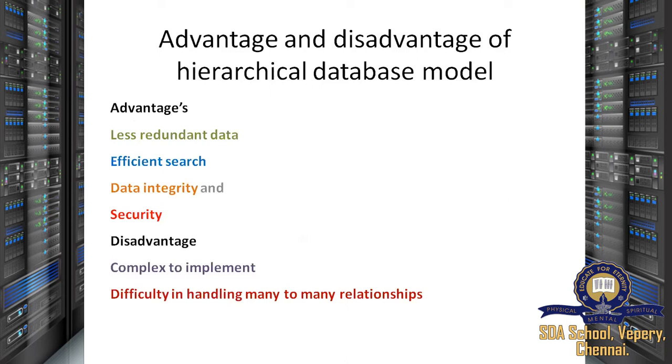We can search our records very easily in the hierarchical database model. Third, data integrity. What is the meaning of integrity? Accuracy of the data. Fourth, it provides good security to the data stored in the database. These are the advantages.